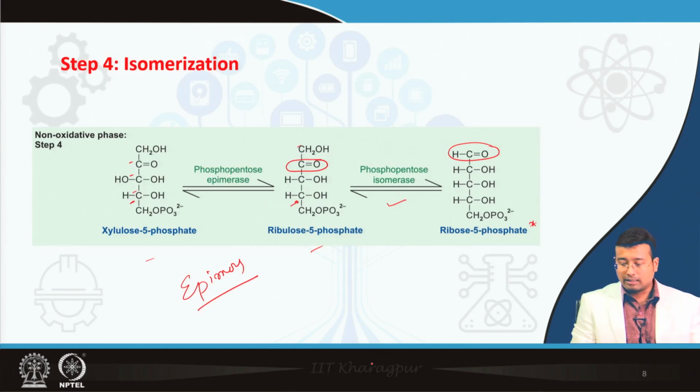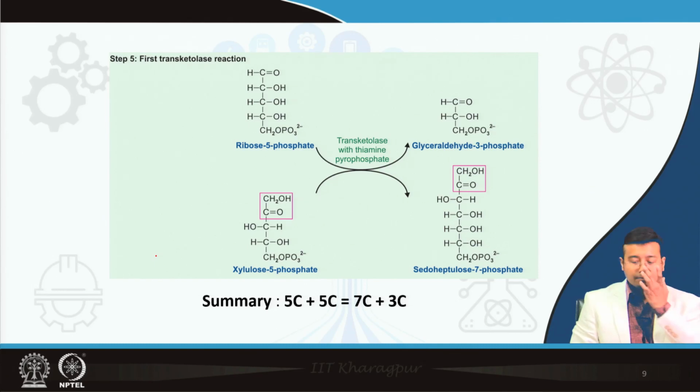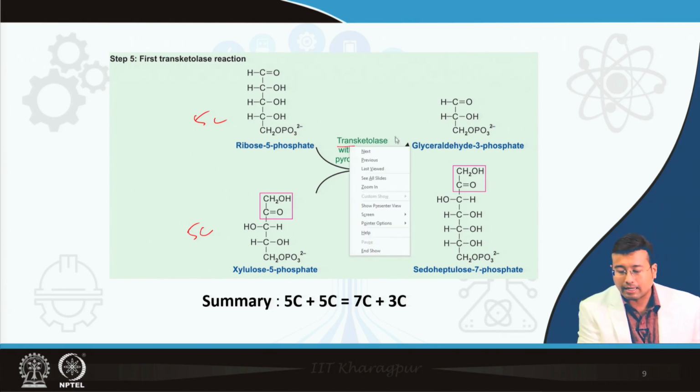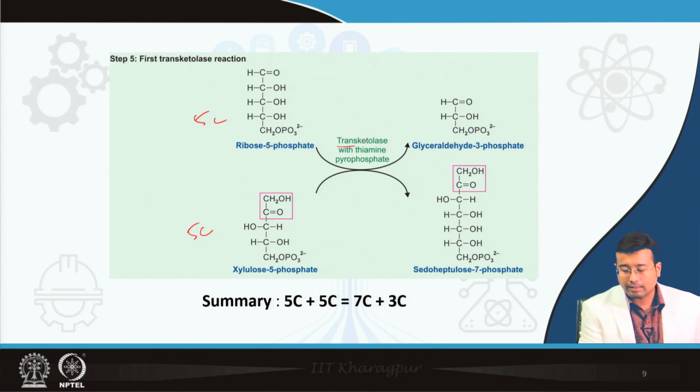Very important, this ribulose and xylulose, both are 5 carbon. With the help of transketolase enzyme, what is happening?